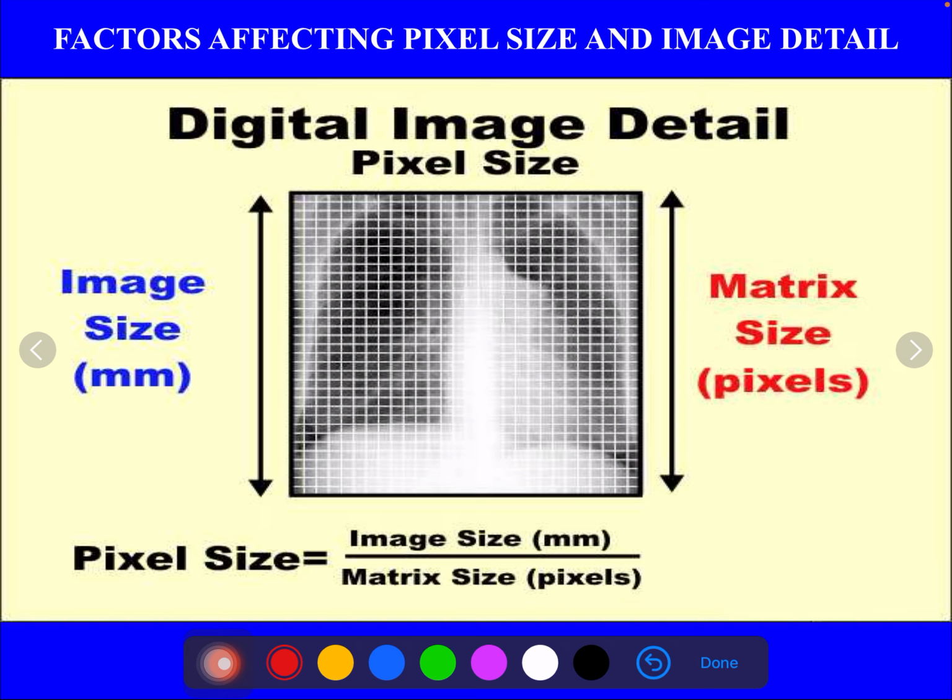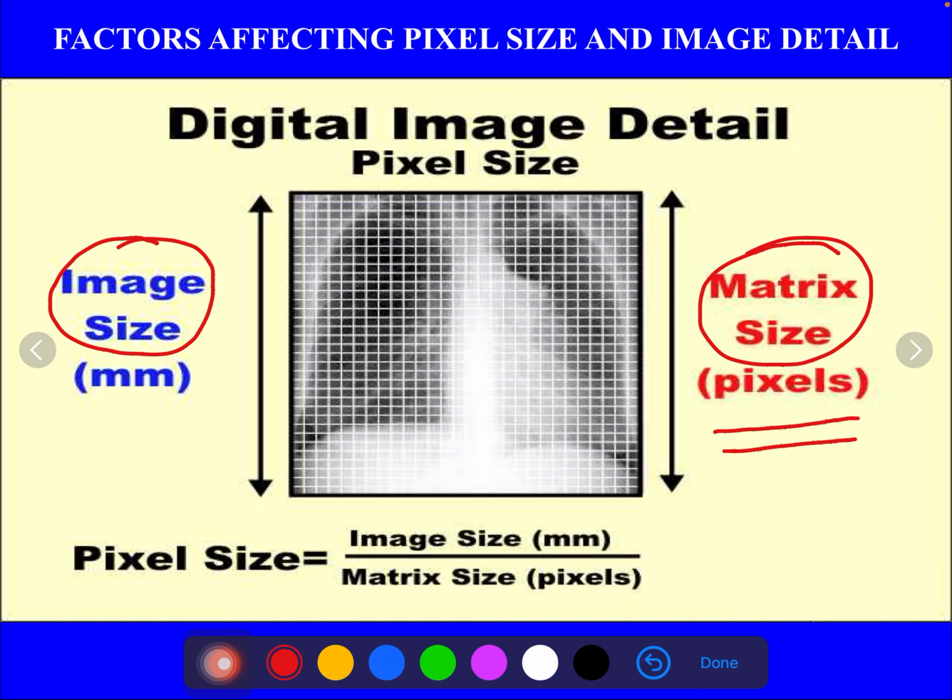The pixel size depends on two things. One is the size of the image, which is nothing but the sensor or display area. Another one is the matrix size, the number of pixels in the matrix, right?